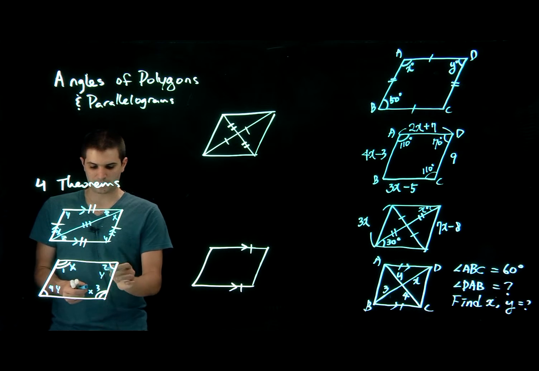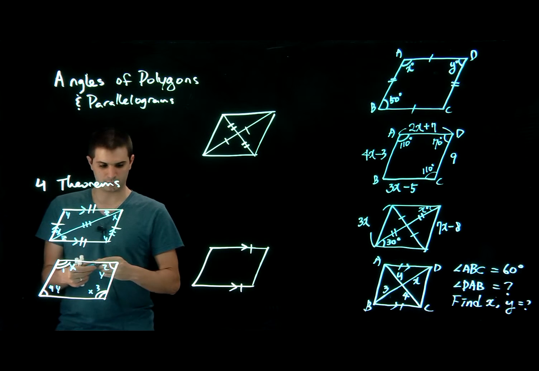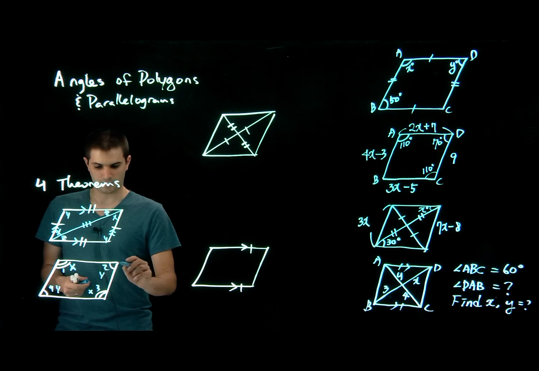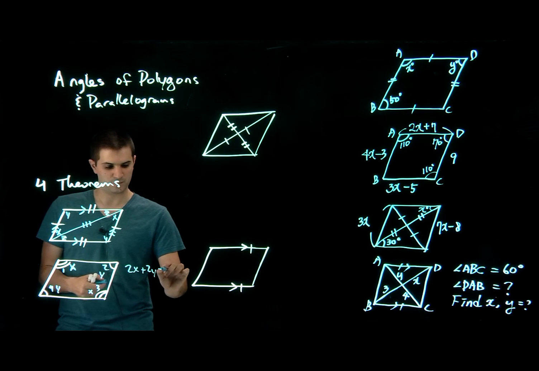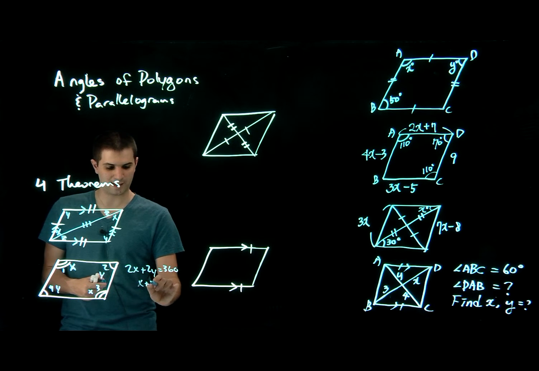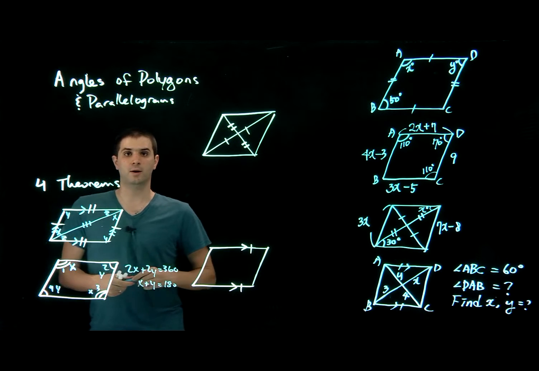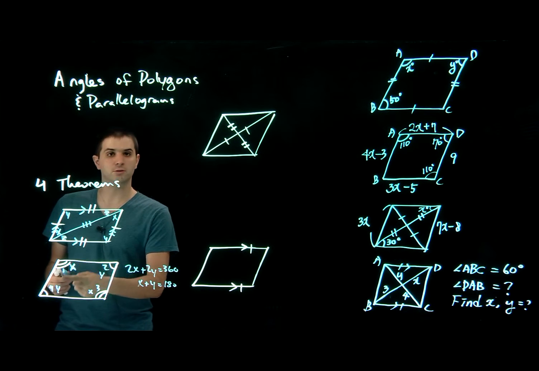So x plus y plus x plus y must equal 360. So 2x plus 2y equals 360, so x plus y must equal 180. If x plus y equals 180, then we know that these two angles equal 180.